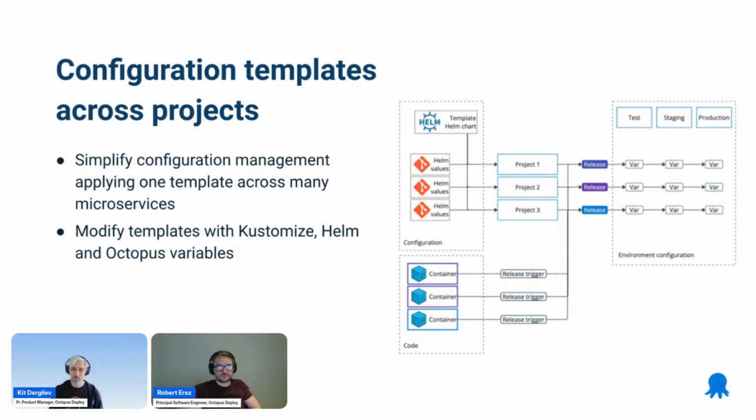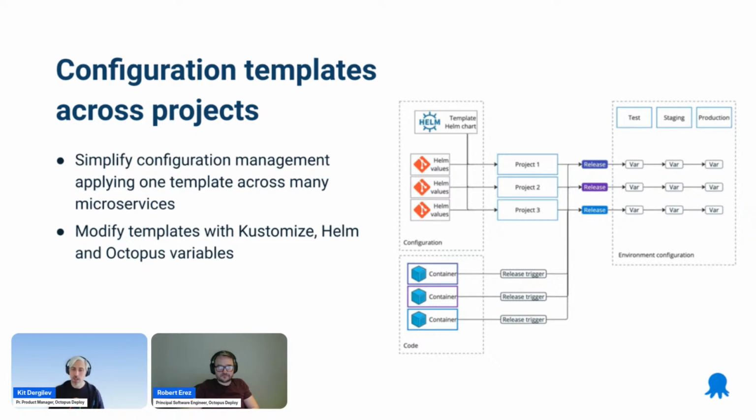So each team owning a microservice would say, yep, I want these extra values to adjust the template and change a few things for my project. And then at the application and the environment level, you would define Octopus variables, saying, okay, for this environment, I want to have maybe this label, this number of replicas, and maybe a few secrets or a few environment variables. So that's the setting.